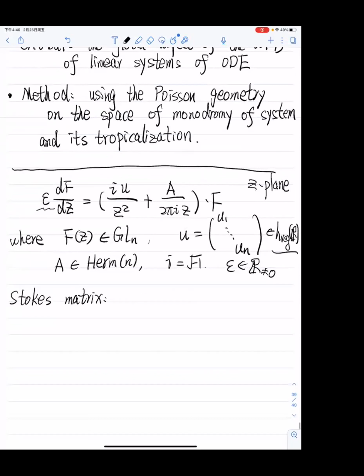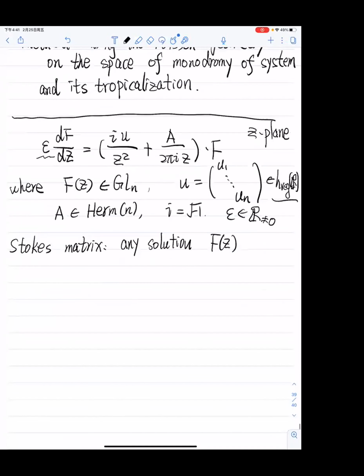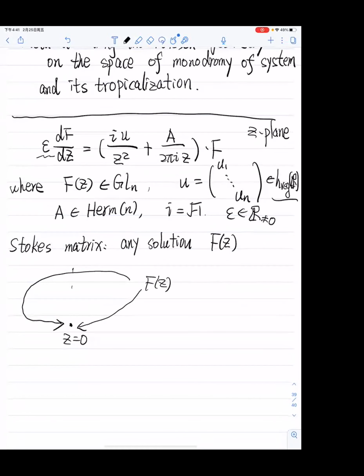Roughly speaking, if you take any meromorphic solution of your system, you can try to compute the asymptotics of F(z) as z goes to 0 from different directions, in particular from the right or left half plane.